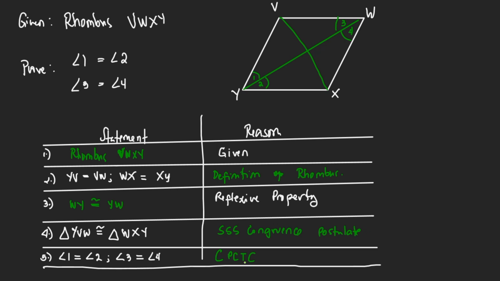If you check our solution, those statements are connected, and the reasons depend on your statements. In simple words, to create the statements, you have to observe your first statement, followed by the second, until you prove that angle 1 is equal to angle 2 and angle 3 is equal to angle 4.